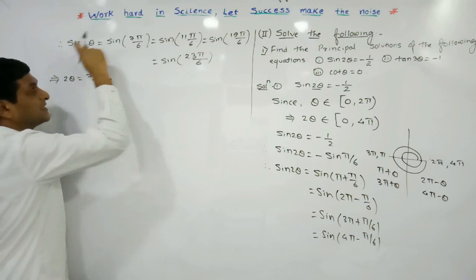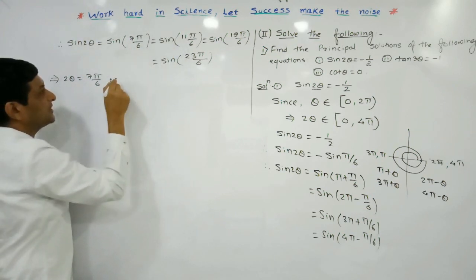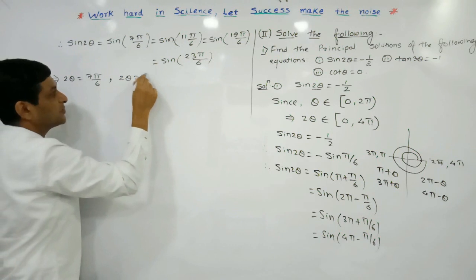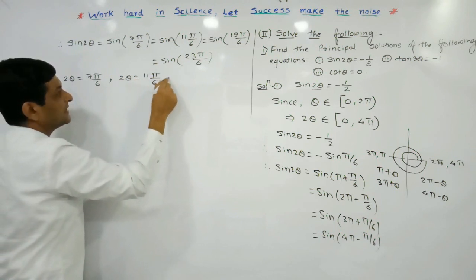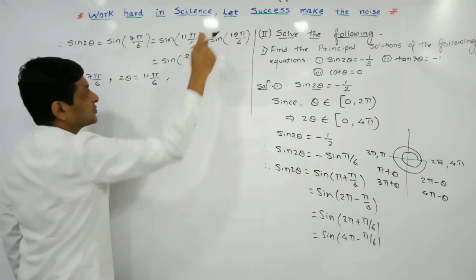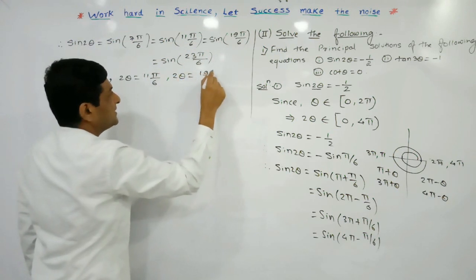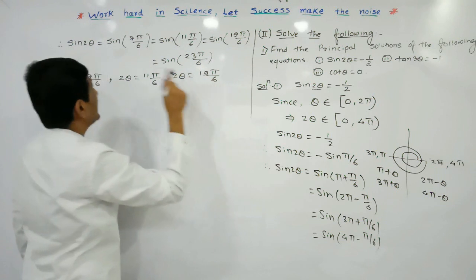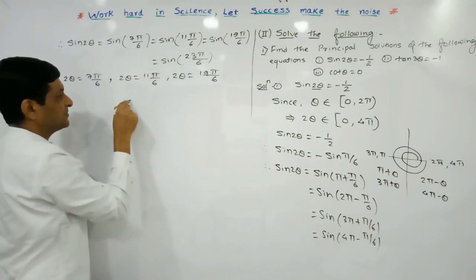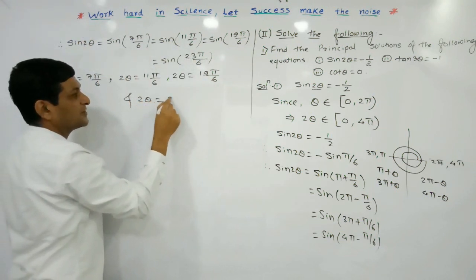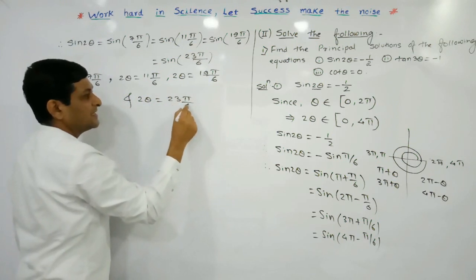Again, if we are considering that these two terms are equal, means we can say that theta is equal to 11 pi by 6. Again, if we consider that these two terms are equal, 2 theta is equal to 19 pi by 6. And lastly 2 theta is equal to 23 pi by 6.